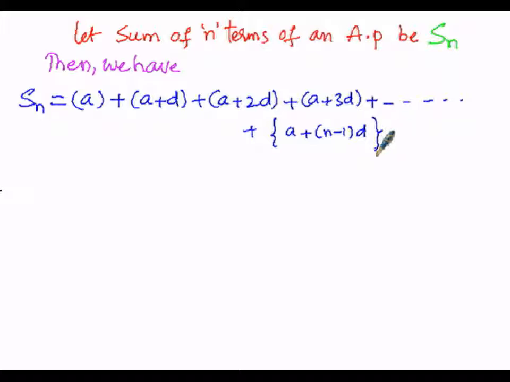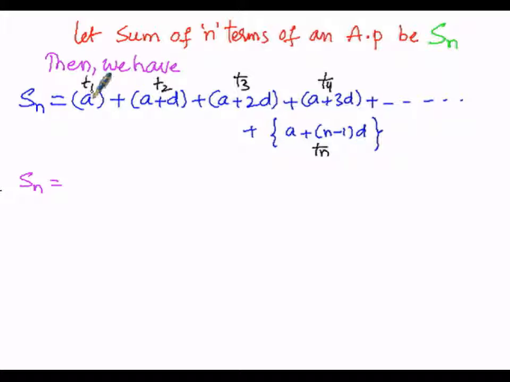The same equation can also be written as: the sum of n terms is equal to the last term, that is the nth term, a plus n minus 1 into d, the fourth term a plus 3d, the third term a plus 2d, the second term a plus 1d, so here the first term is a plus 0d.